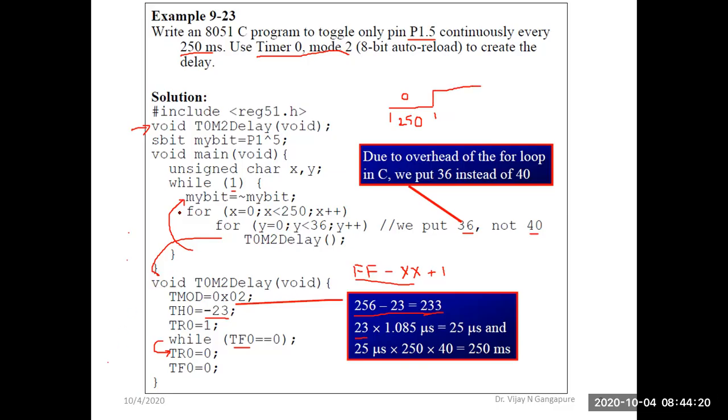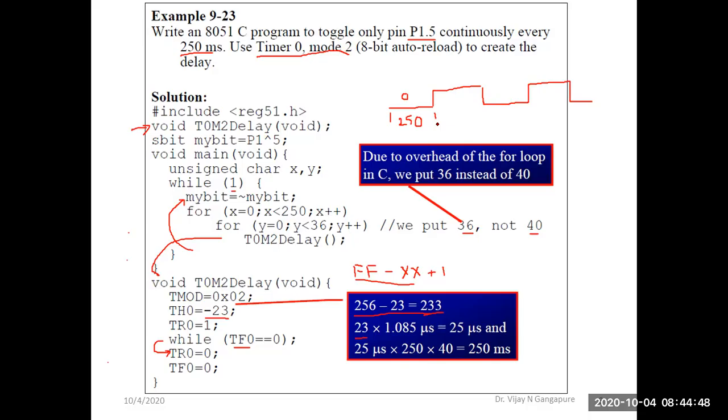Again control goes back, my bit is complemented, it becomes 0, remains 0 for 250 milliseconds, then becomes 1, and so on. So we are toggling my bit, that is pin number 5 of port 1, continuously after a 250 millisecond delay, and this delay we are generating by using the 8-bit auto reload mode of timer 0, that is mode 2.